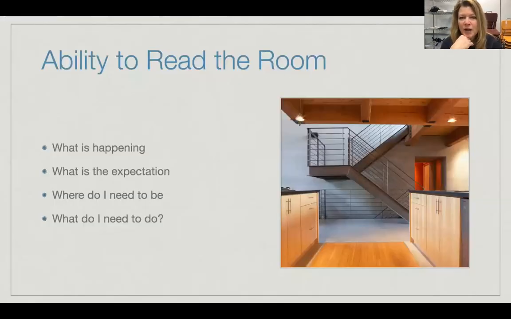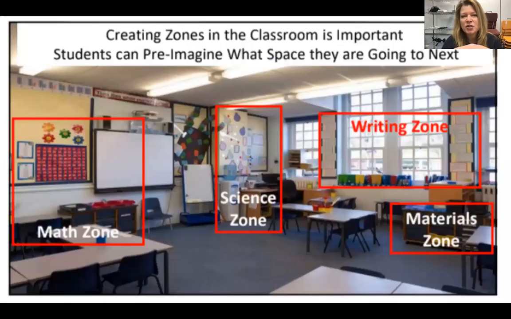Those kids that I have concerns about with getting to the right place, getting things done, being efficient, they lack the skills of being able to read the room. They walk in and they have no idea what's going on or what they're supposed to do. So she recommends creating learning zones in the classroom so they know if it's time for writing, they're going to go over to the writing zone, get their writing folder, get their materials.